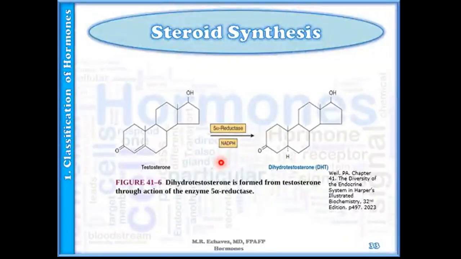What they do to address this is to give an inhibitor for this enzyme. It inhibits the conversion of testosterone into dihydrotestosterone in the periphery by inhibiting 5-alpha reductase.